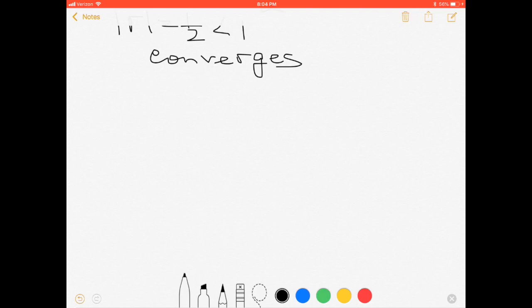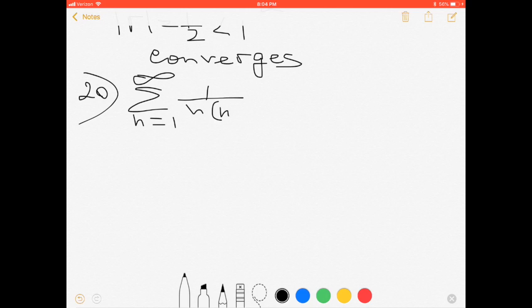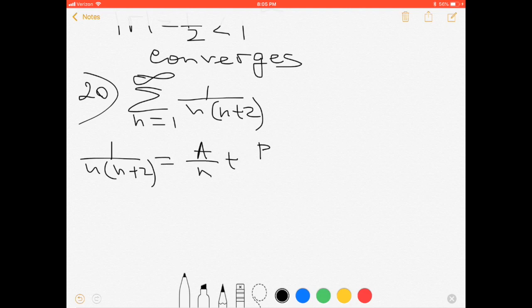Okay. Number 20. Here we have the series from 1 to infinity of 1 over n times (n plus 2). Great. Now it looks like we have a telescoping series. This means we need to rewrite it as a partial fraction combination. 1 over n(n+2) will be a over n plus b over n plus 2.